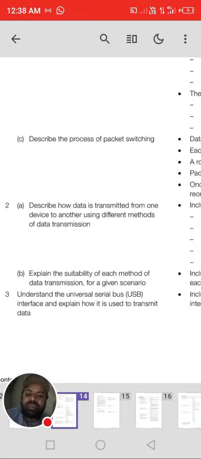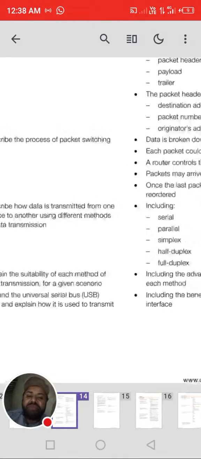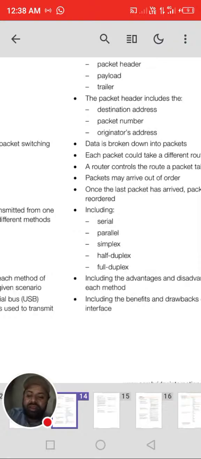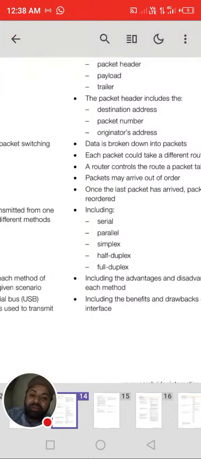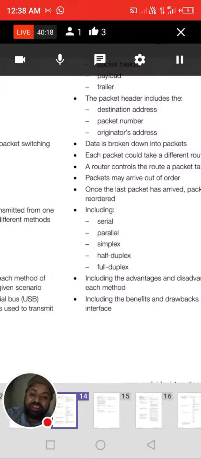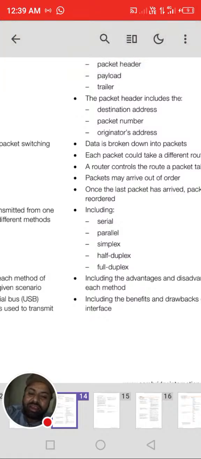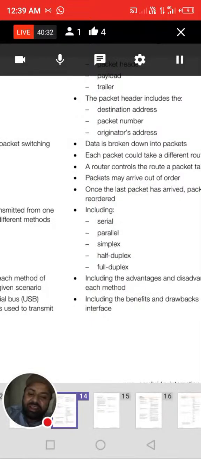Describe how data is transmitted from one device to another using different methods of transmission. There are different methods to transmit something, including serial, one by one, and parallel, where multiple bits go in one direction. Simplex goes in one direction, not coming back. In half duplex, when one is talking, the other is listening; one sends, the other listens.